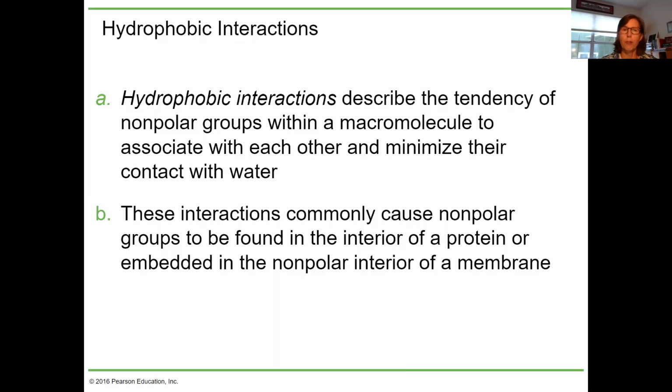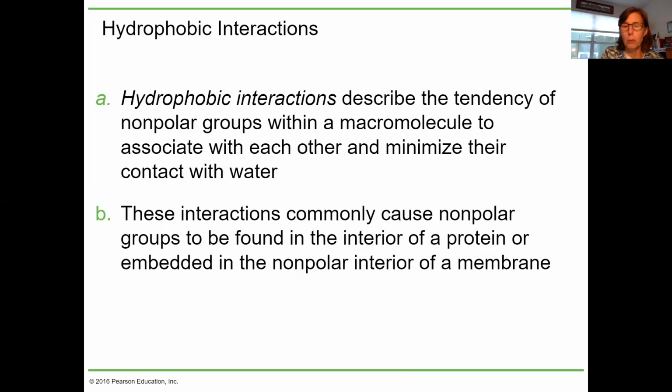They are hydrophobic, and they really don't like to have to deal with water. So typically, as a protein is being synthesized, you've got a grouping of hydrophobic amino acids. They're going to interact with each other, but it's not really like a bond, they like to huddle so that they don't have to deal with water.